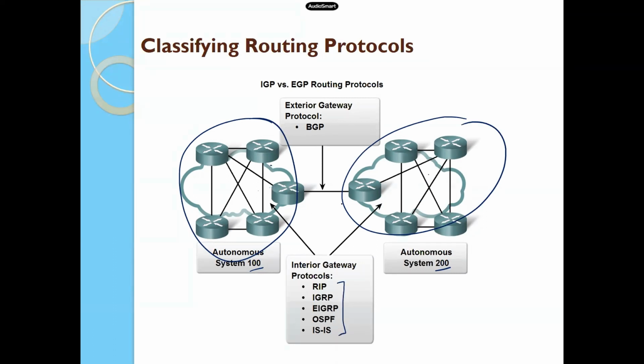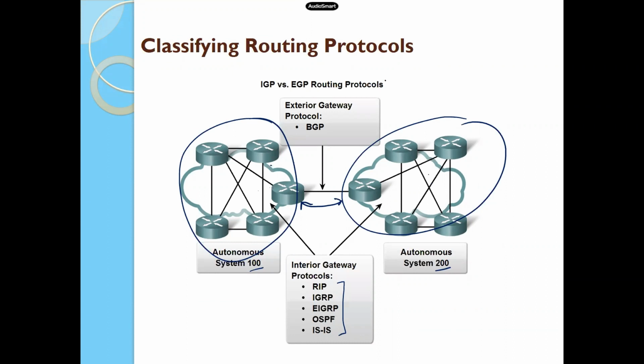But if you want to connect from this one to this one, since there are two autonomous systems, we need an exterior gateway protocol, the border gateway protocol. So in the exam, you should expect a question like this. One of these protocols belongs to the exterior gateway protocol, which is the BGP, the border gateway protocol. So keep that in mind.